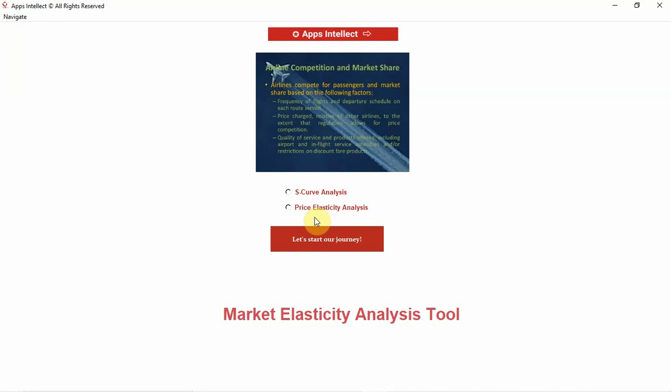Passengers choose flight schedules, prices and product quality to minimize air travel disutility. Given the estimate of the total demand for air travel in an O and D market, that is the origin to destination market, what is each airline's market share? That is the key to this application.